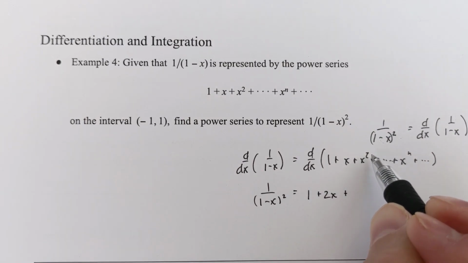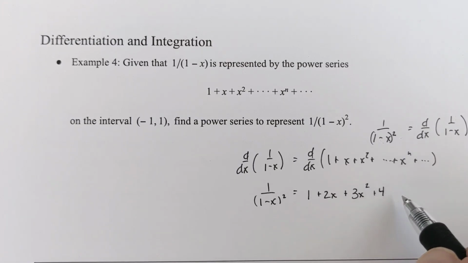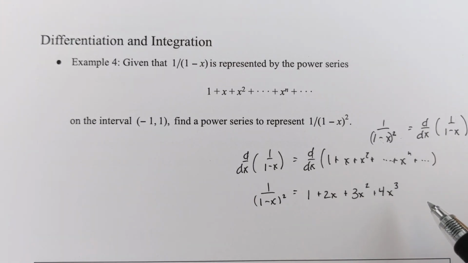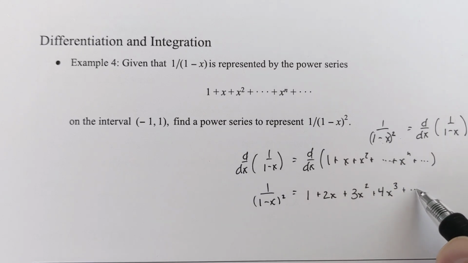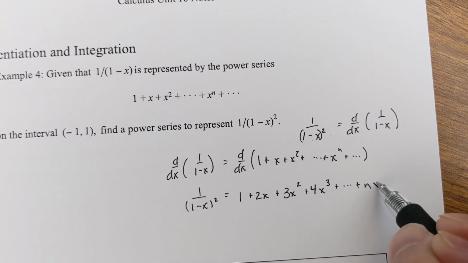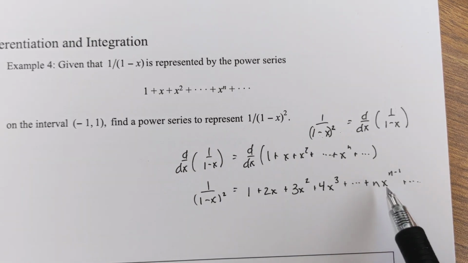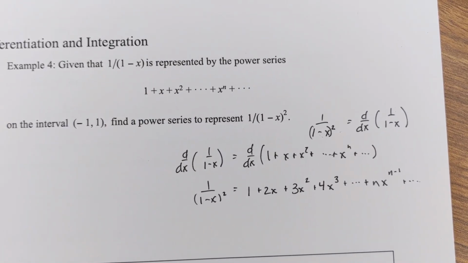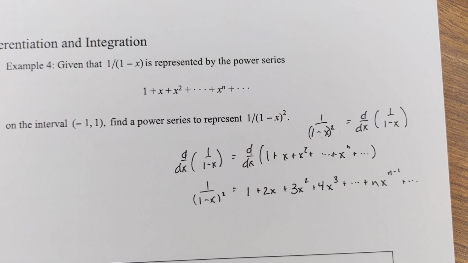So the next term would be x cubed, so the derivative would be 3x squared, then 4x cubed, so on and so forth. So if you look at what's happening, the nth term is going to be, the n's going to come out front, and then x to the n minus 1. So here is your power series that represents 1 over 1 minus x squared.